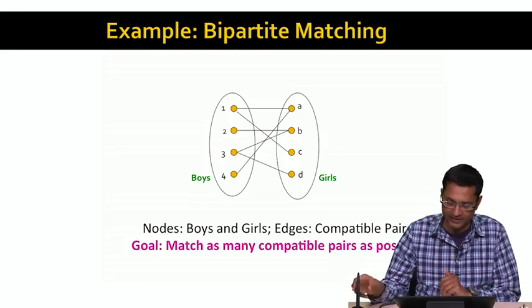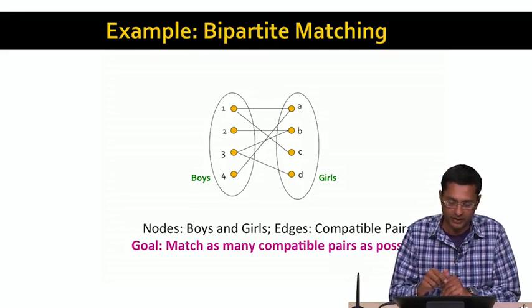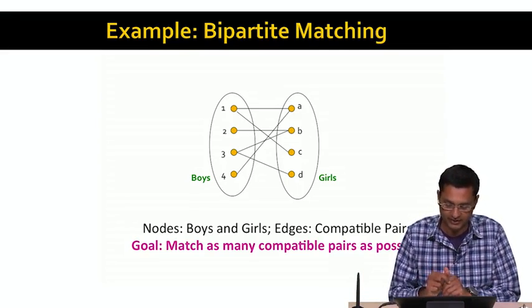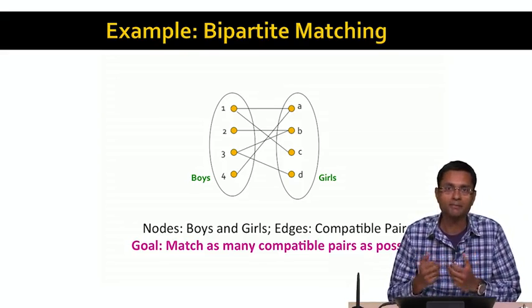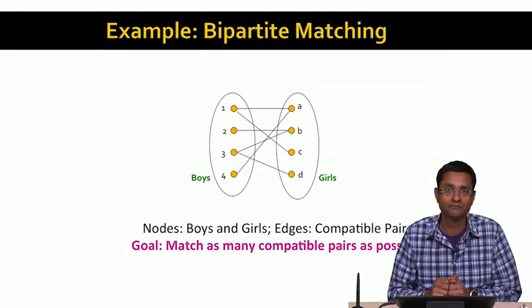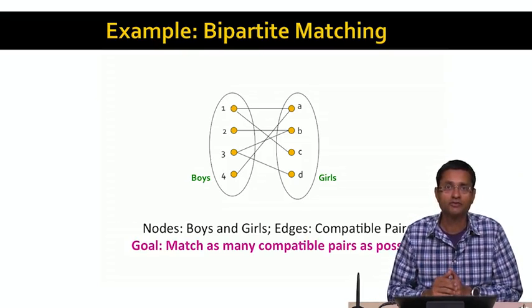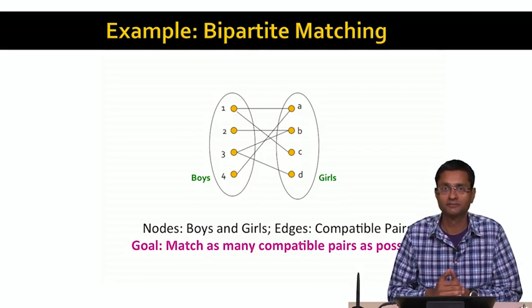And in this case, let's say the edges between the vertices signify compatibility between boys and girls, right? And the goal of the bipartite matching problem is to match as many compatible pairs of boys and girls as possible.